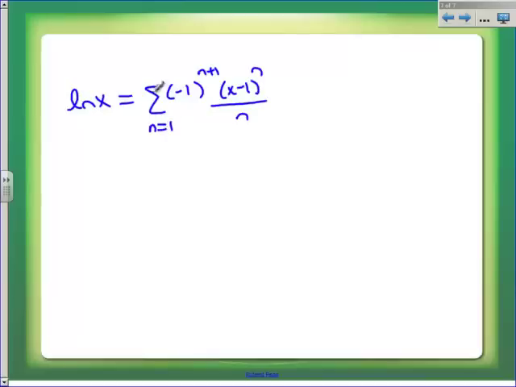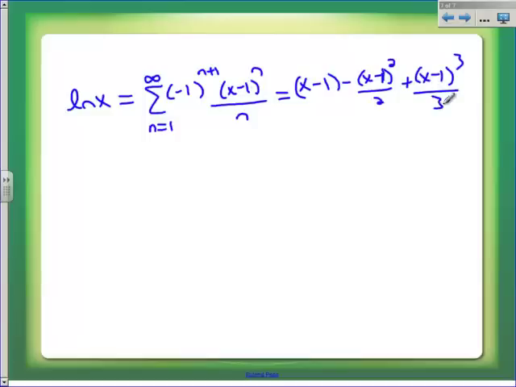And we're going to start this from 1 to infinity. So if we plug in 1, we have x minus 1 over 1. And then plug in 2, we get a negative (x minus 1) squared over 2. And then plus (x minus 1) cubed over 3.